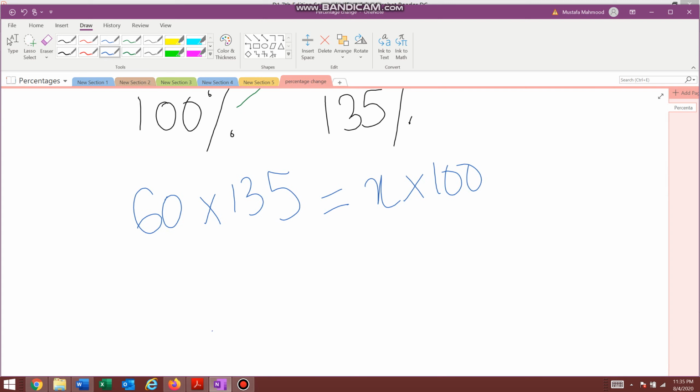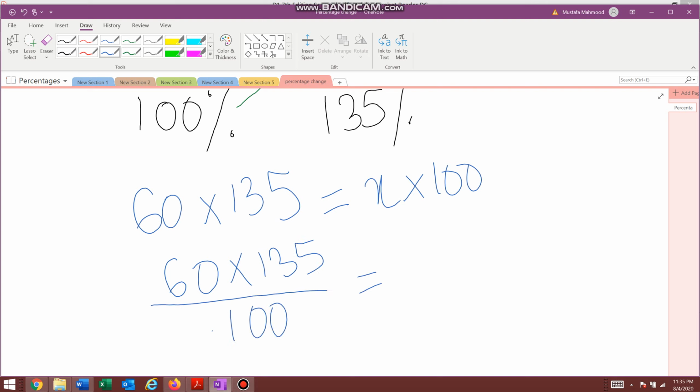That becomes 60 times 135 divided by 100 is equal to x. Now you can do simplification over here. 5 से कर लेते हैं, चलें, या पहले 10 से कर लेते हैं. 10 times 10 is 100, 10 times 6. Now let's do it with 5. 5 times 2 is 10, 5 times 2 is 10 and 7.